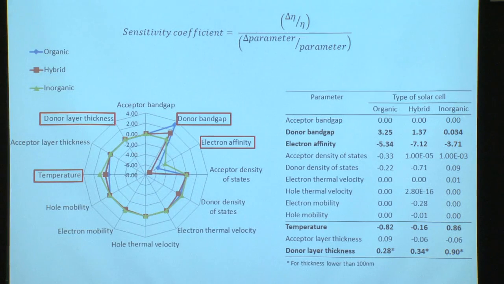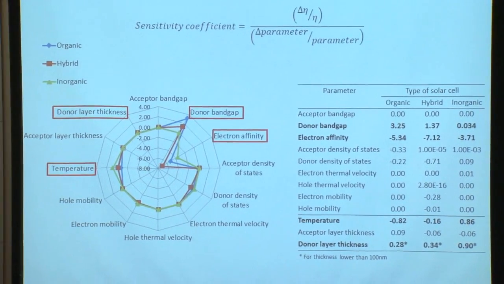As we can see, we found 4 major parameters. The first 2 are donor band gap and electron affinity, which are well-known material properties. The others are donor layer thickness and temperature, which can be well controlled experimentally. From this sensitivity analysis, we strengthen confidence in our simulations.